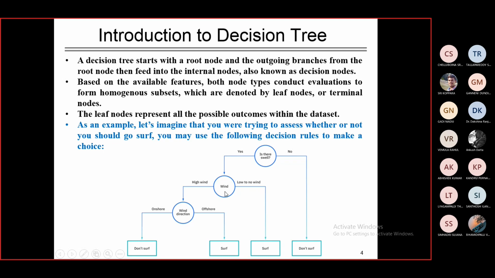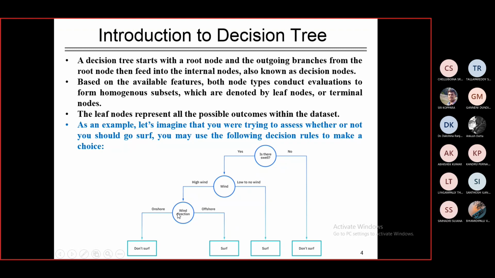Okay. Now we can make two different decisions. If the wind is found to be low, then we will surf. Otherwise, if the wind is found to be high, then this decision will go into another internal node, which is labeled wind direction.